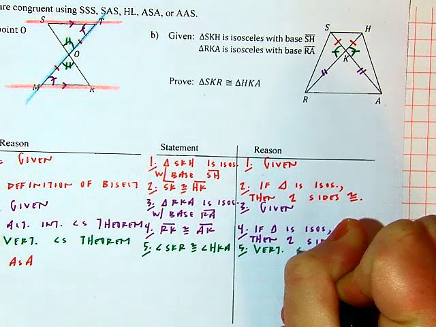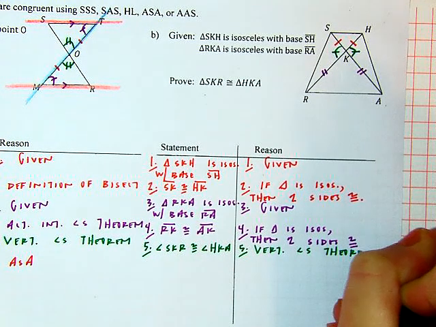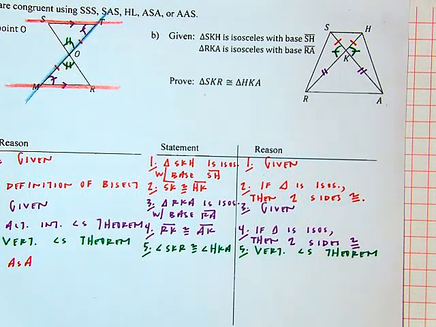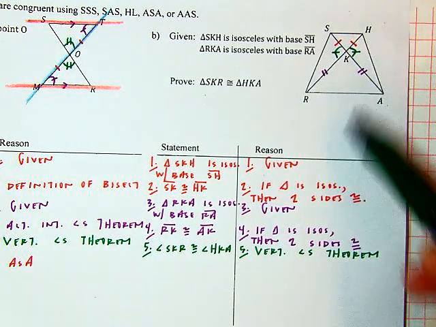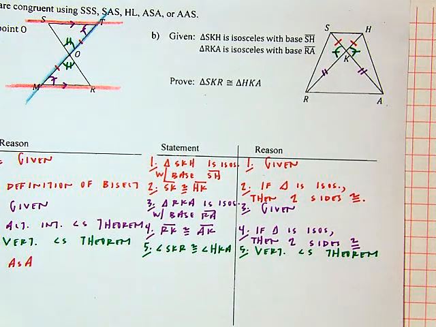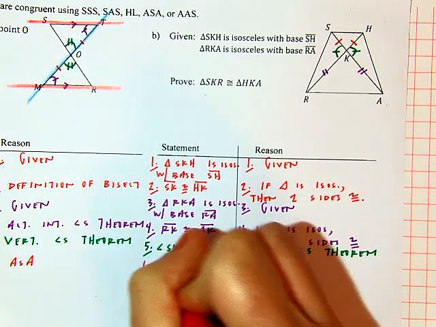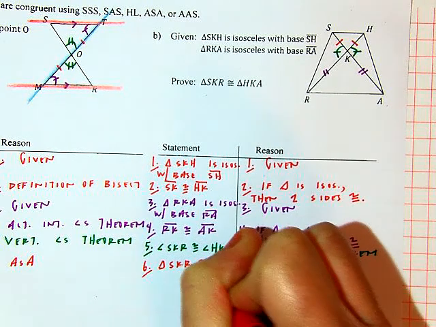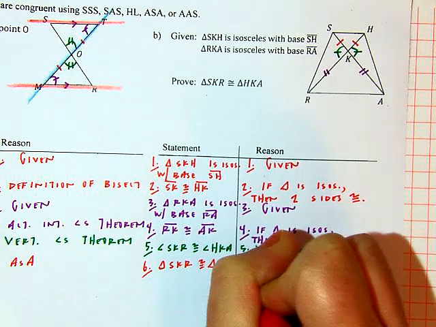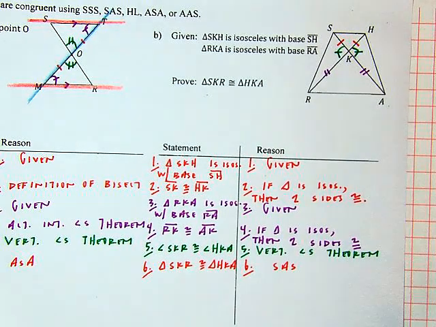And that's the vertical angles theorem. Okay, so now looking at all of my connections, I have two pairs of sides. I have one pair of included angles. I have side, angle, side. So triangle SKR is congruent to triangle HKA. SAS.